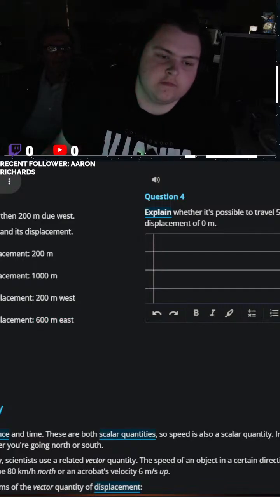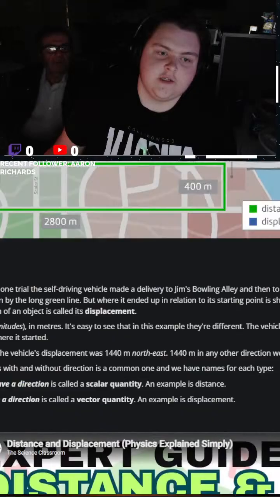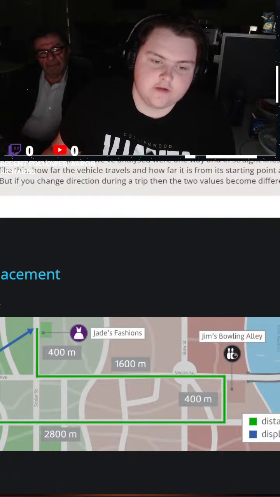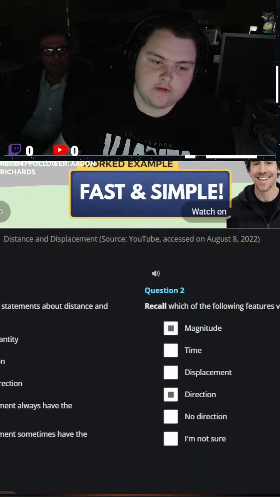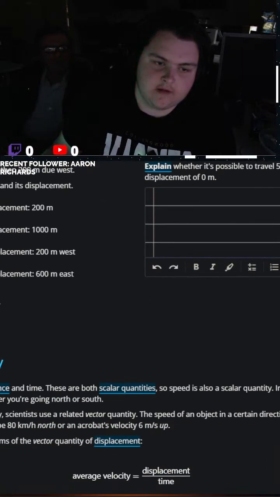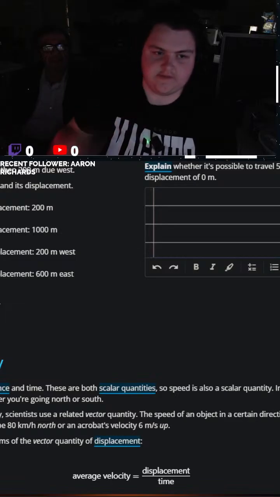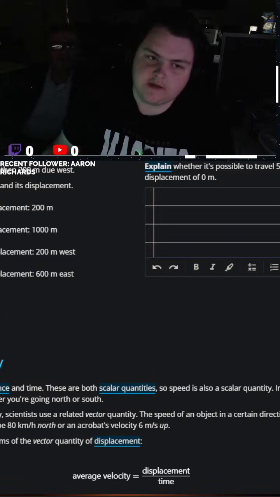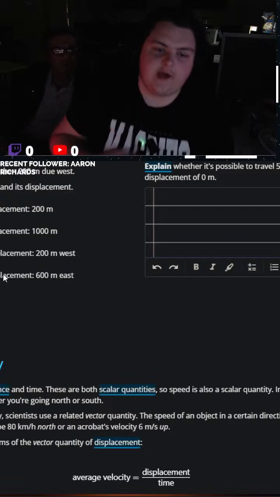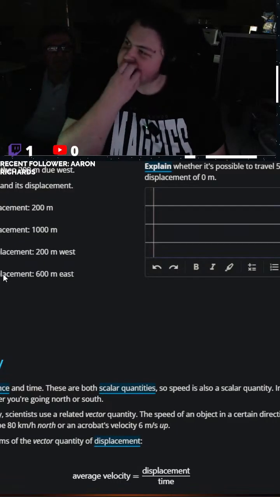I'm not sure. Okay, so displacement is basically this. No, displacement is the blue. So distance 1000, displacement 600 east? A drone went 800 east, then 200 west, so the distance has to be 1000.